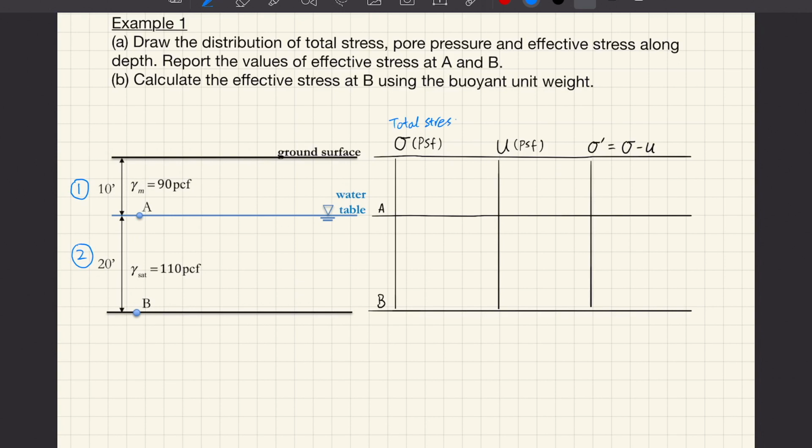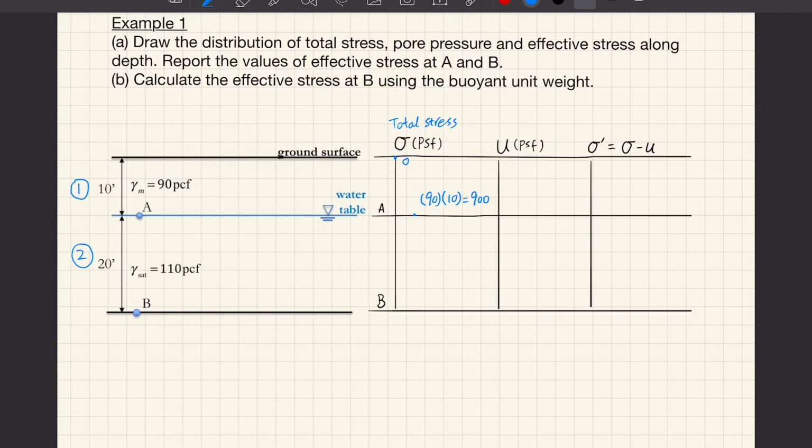So for total stress, at the ground surface, it's 0. And then at point A, that's 10 feet below the ground surface, the total stress is the moist unit weight, 90, times the depth of this first layer, which gives us 900.